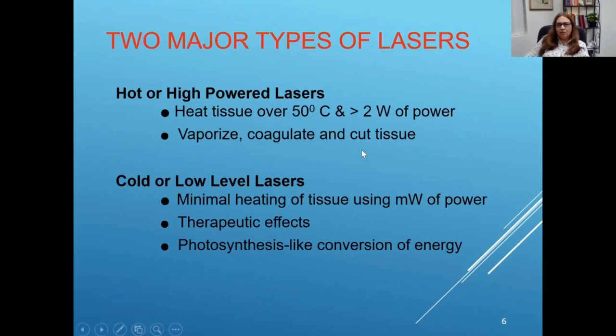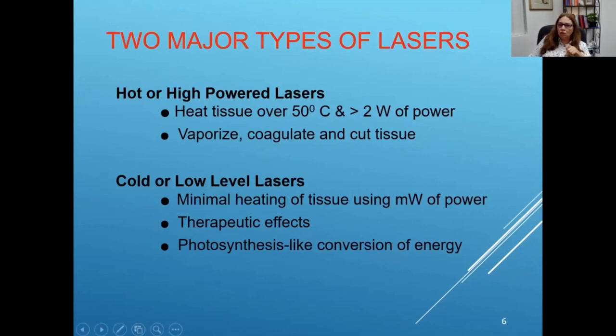When we think about lasers, quite often we think about people who have talked about having laser surgery or cataract surgery, and those are high-powered or hot lasers. Those lasers will deliver over 2 watts of energy and will heat the tissue over 50 degrees Celsius. And that amount of energy will cut, vaporize, and coagulate tissues.